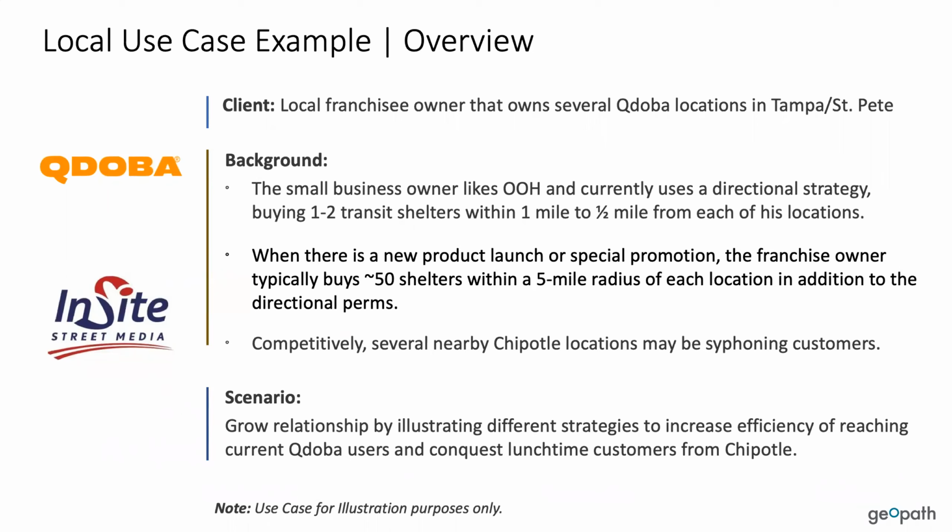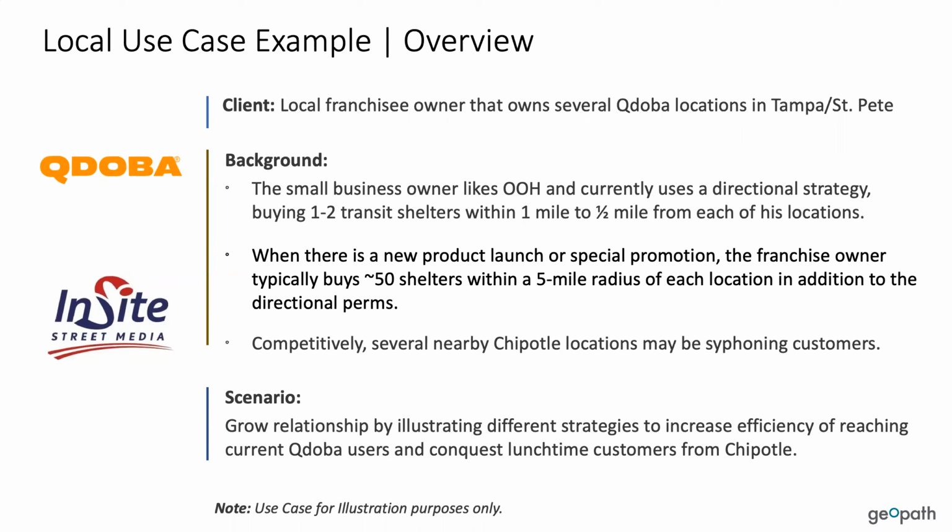But then also competitively, there's a lot of Chipotle locations, probably more Chipotle locations in the area than Qdoba. And they may be siphoning customers off, right? So how do we help somebody that likes out of home, uses it, believes in it, how do we help grow this relationship?